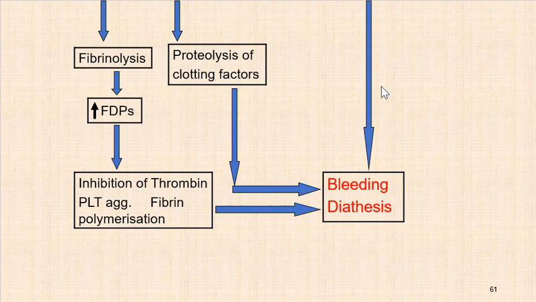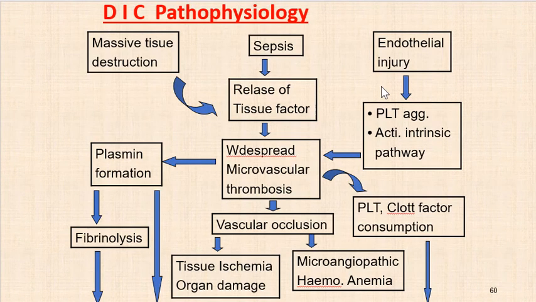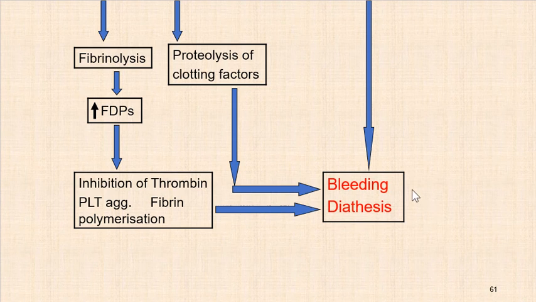And on this right side, the widespread microvascular thrombosis leads to consumption of platelets and clotting factors. So it will lead to deficiency of platelets and deficiency of clotting factors, which will definitely lead to bleeding diathesis.